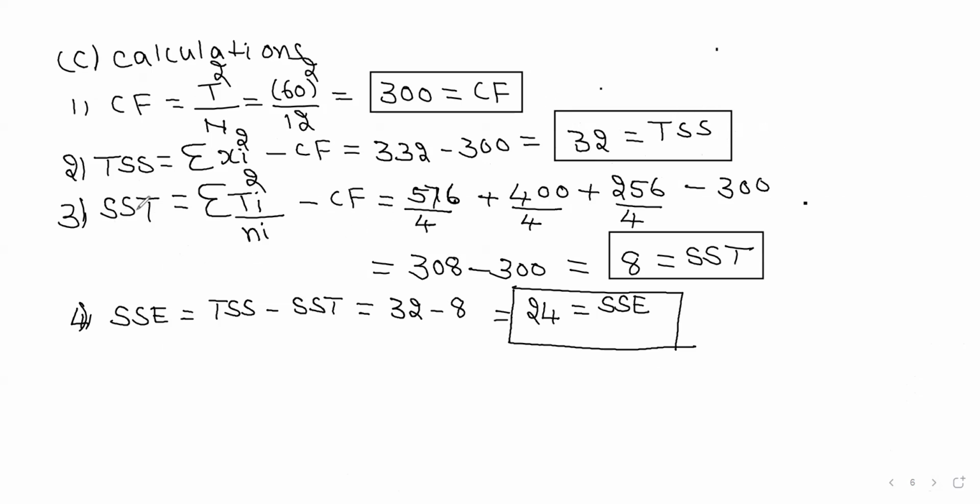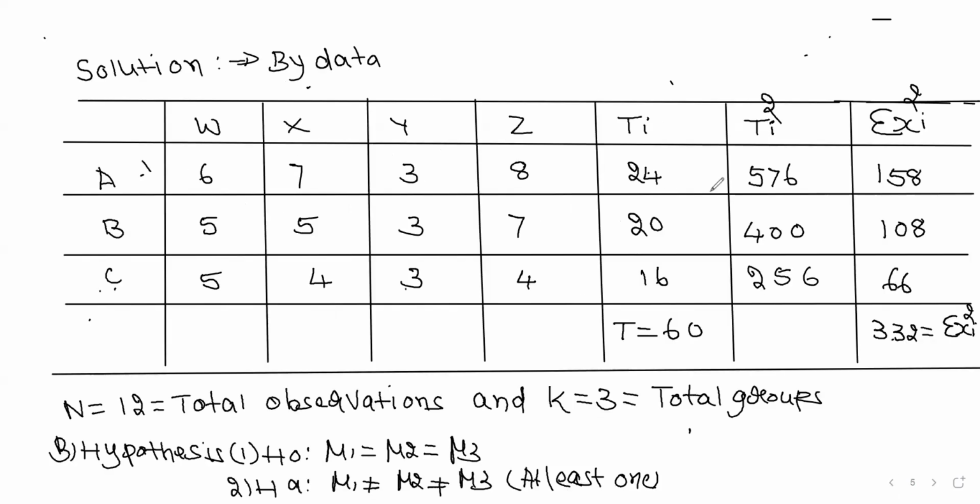Next, SST equals summation of Ti square upon Ni minus CF. CF is 300. Then Ti square, look here in the table: Ti square 576 divided by how many? 4 values. This is a sum of 4 values.